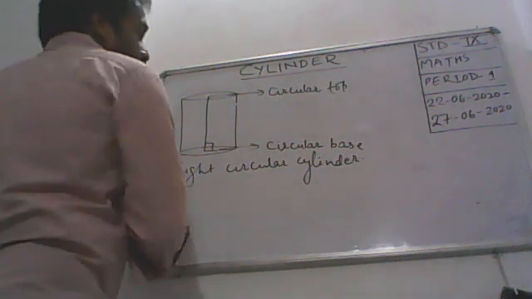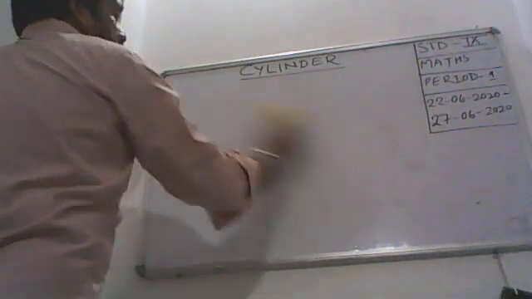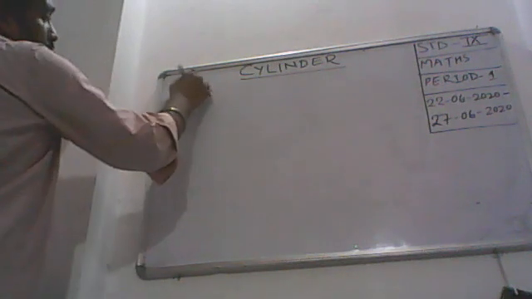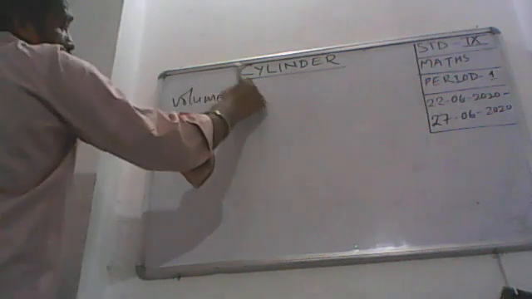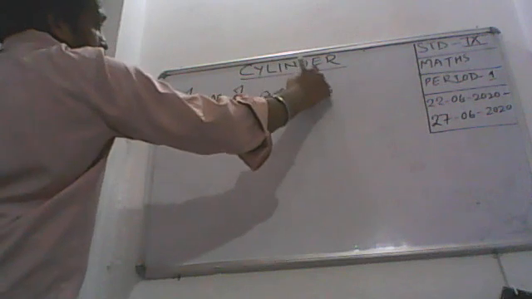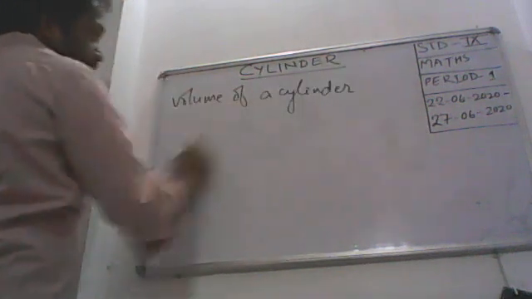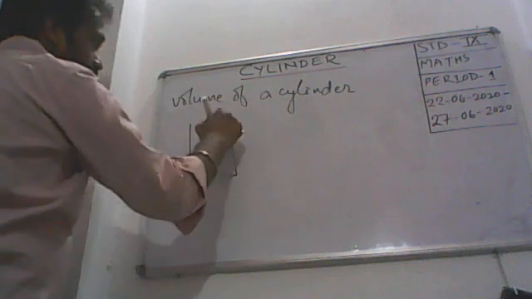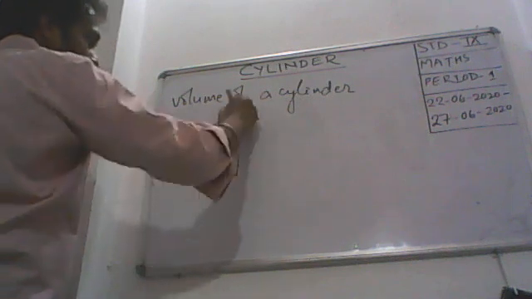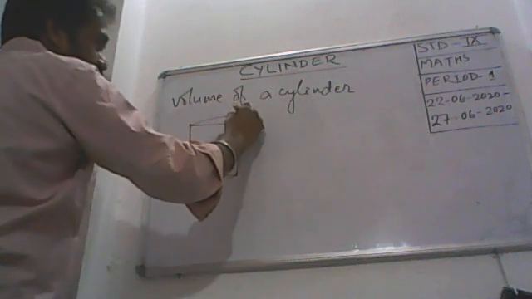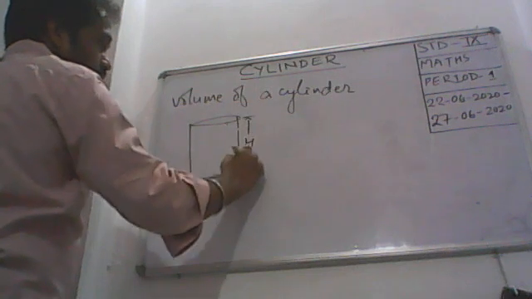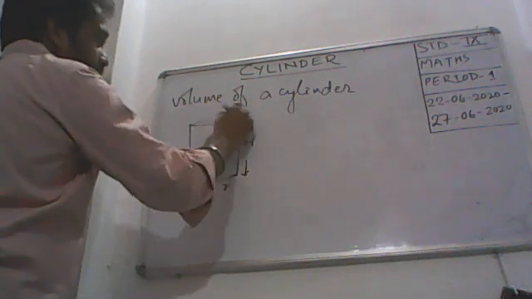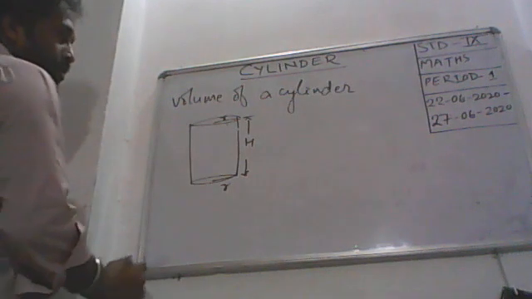So what is the volume of a cylinder? See this, the volume of a cylinder. This will be the height of the cylinder, h, and this will be the radius, r.